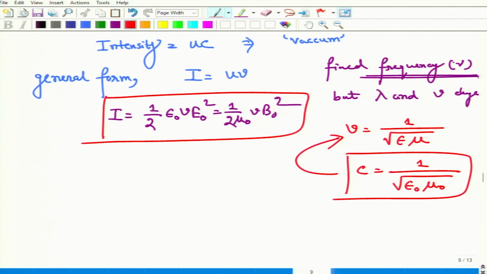Now, what will be the unit of the intensity? That is also an important question here.